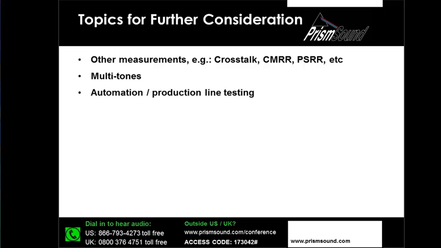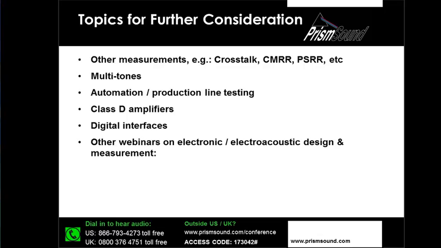We haven't really talked about high-speed automated testing, perhaps automating your measurement system for an external automation executive. We haven't really paid any attention at all to Class D amplifiers. We haven't talked about digital interfaces, which are of course more common than ever before on all sorts of audio devices, including amplifiers. And sadly, we don't have time to cover these things today.